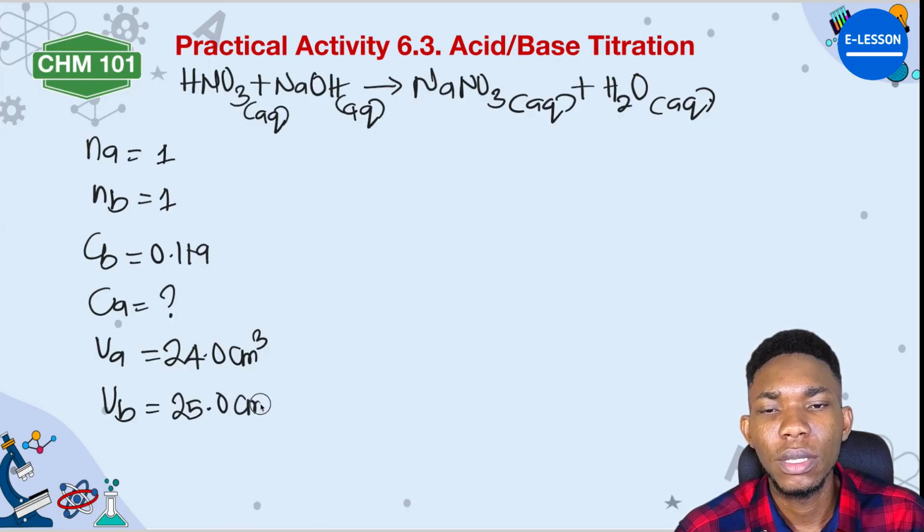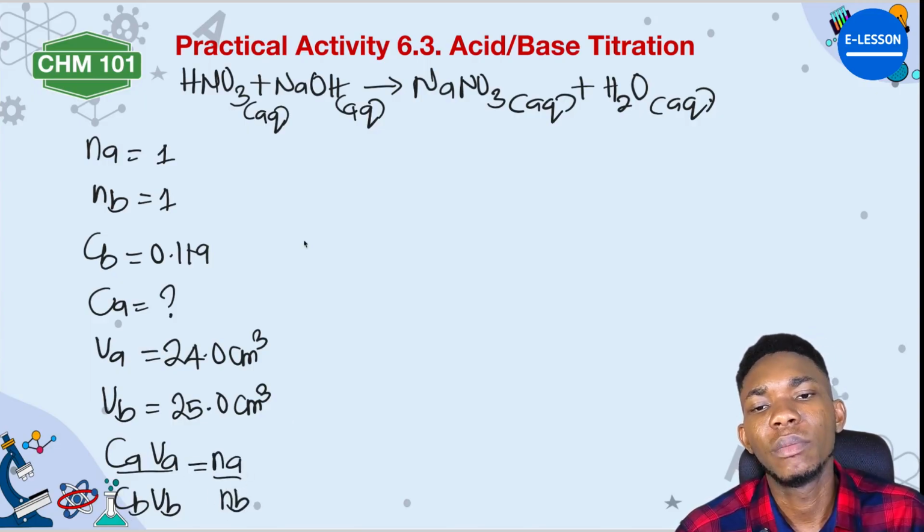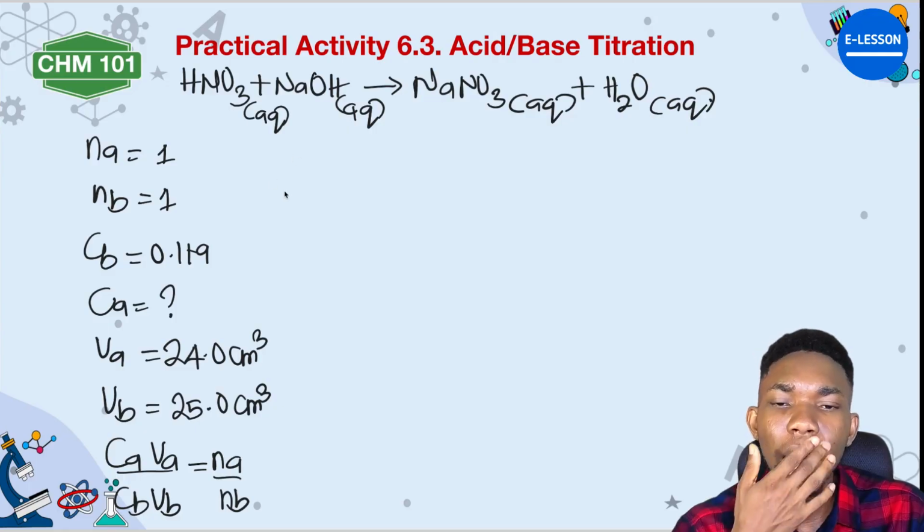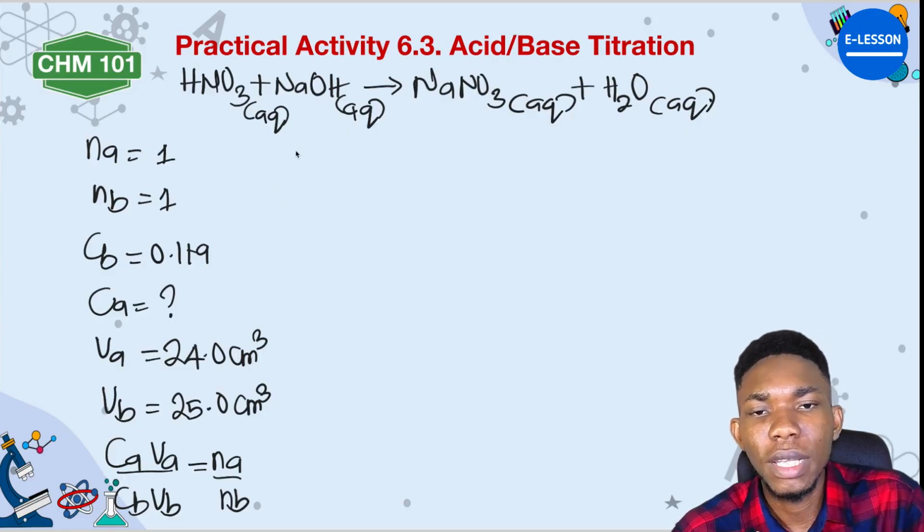So my dear students, the formula is Ca Va all over Cb Vb is equals to Na over Nb. Is that okay? So Ca in this question is what we are looking for.